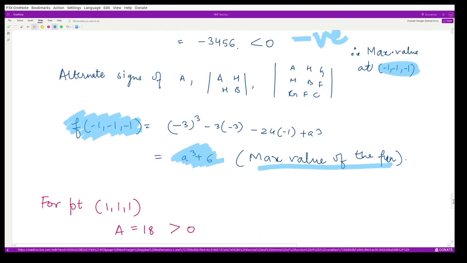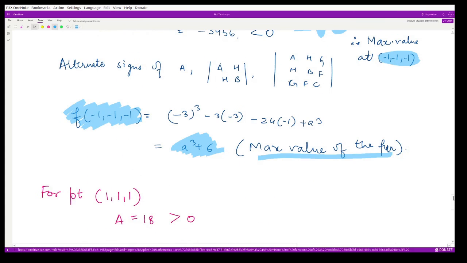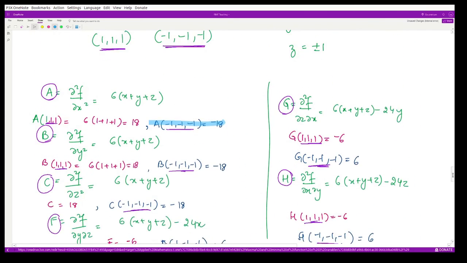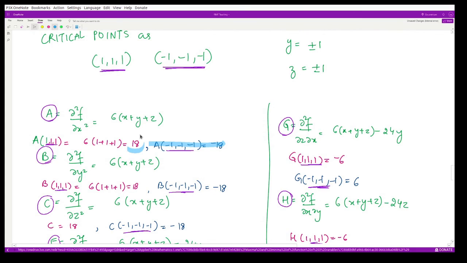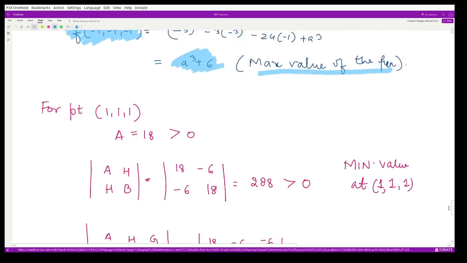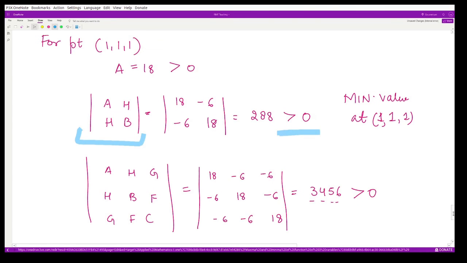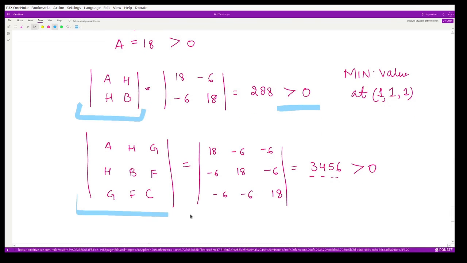Now for the point 1, 1, 1, our value of a that came out to be 18, which is a positive quantity. And similarly, we can compute the second order determinant and the third order determinant as well. So the second order determinant comes out to be positive, and the third order determinant also comes out to be a positive quantity.